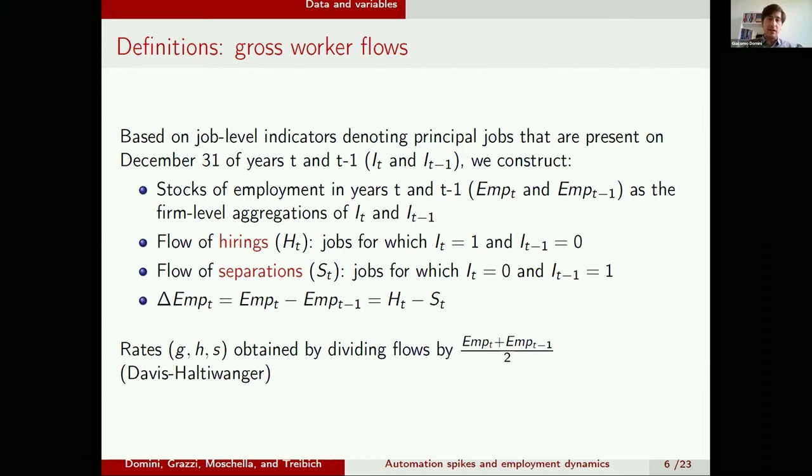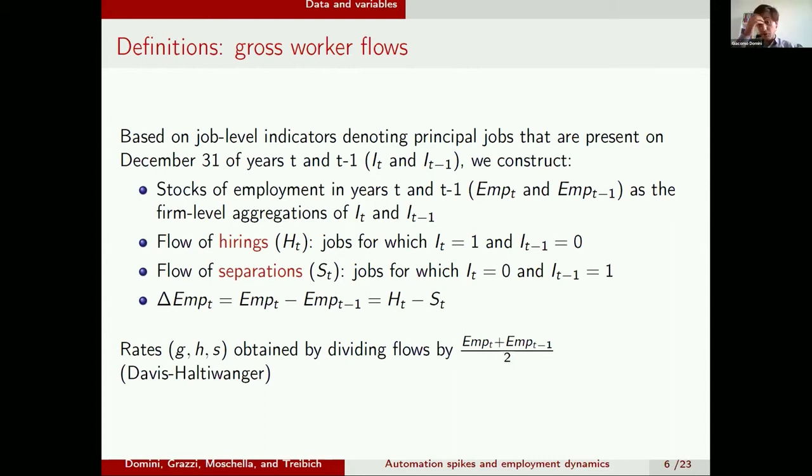So we define hiring as a worker that is present on the last day of this year, T, but was not there on the last day of last year, T-1, and vice versa for separations. So if you were there last year but are not there this year, you are a separation. Notice that by definition, the net flow is equal to the difference between the inflow of hirings and the outflow of separations.